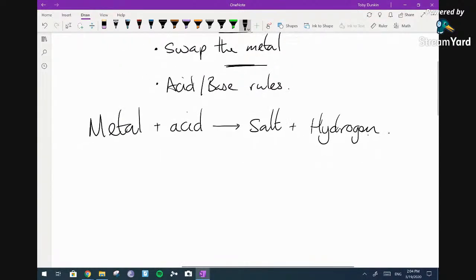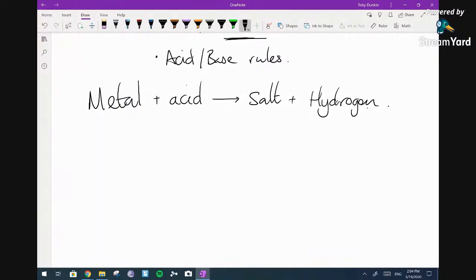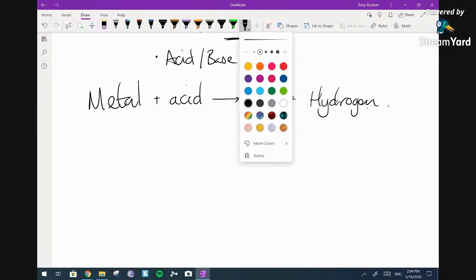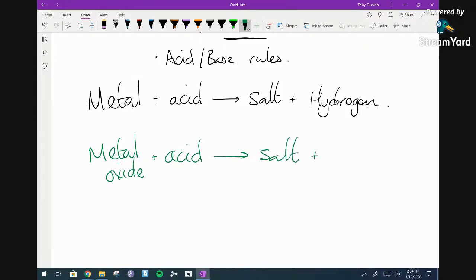Next version of this, I'm going to change my color to dark green. Metal oxide plus acid goes to salt and water.